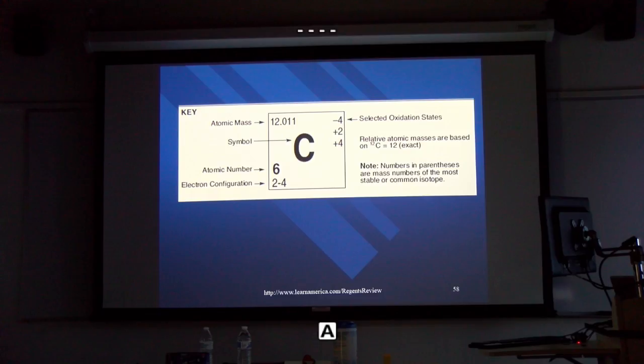Then you have these numbers in the upper right-hand corner. Very important. They're called oxidation states. What they tell you is what a carbon atom can do. Well, the first number is a negative number. And what that's telling me is that the atom of carbon has the ability to draw 4 negative charges, which we now know are those electrons, from another atom.